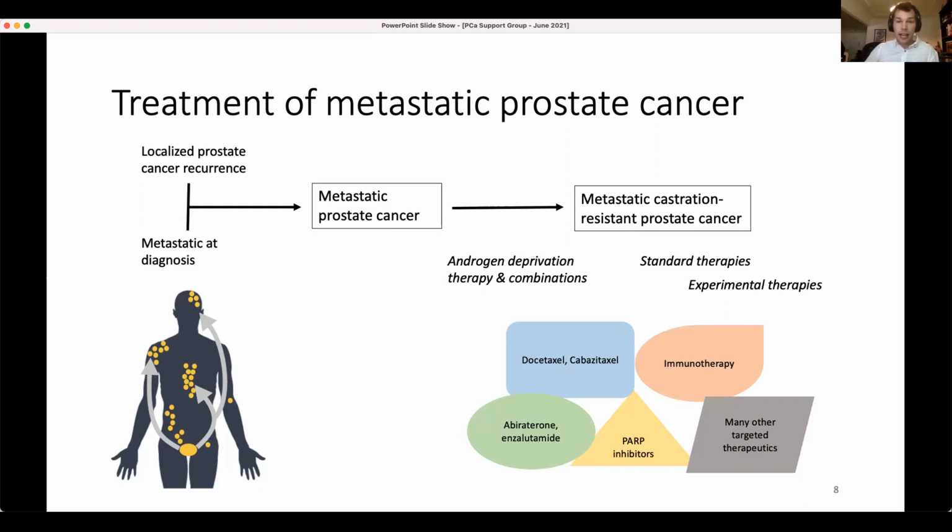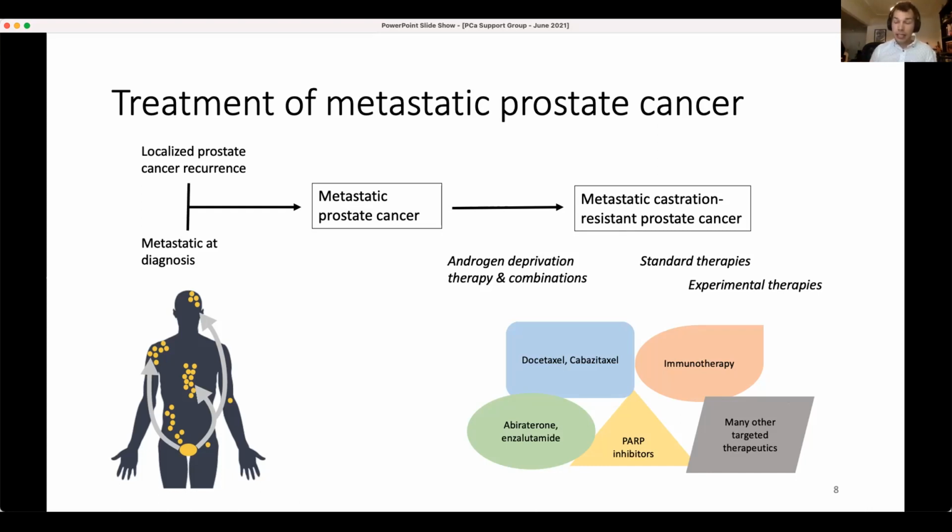Now, fortunately, in the last 6 or 7 years, a ton of new therapies have been approved for metastatic castration-resistant prostate cancer, including chemotherapies such as cabazitaxel, drugs like abiraterone and enzalutamide, and then many more experimental agents, such as, you may have heard of, PARP inhibitors. And then drugs are constantly being approved for this disease state. So this is really exciting because we have a lot of different treatment options available for castrate-resistant prostate cancer.